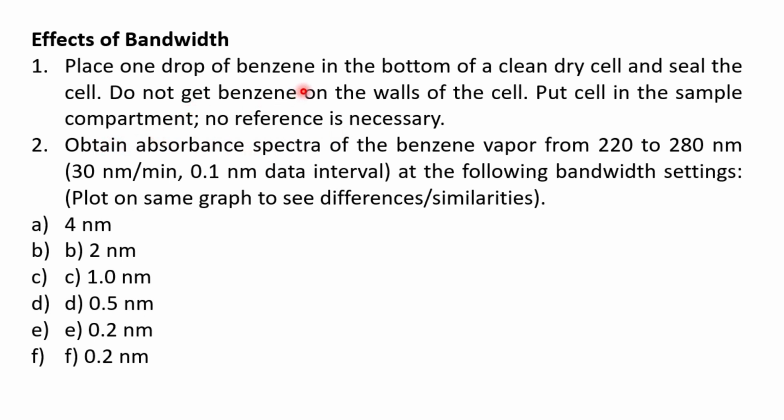Your sample cell can be filled with benzene, just one drop, and then you run the spectra with a wavelength range of 220 to 208 nanometers, and change the bandwidth from 4 to 2 to 1, 0.5, 0.2. Then you check the effects it has on the results, and you can plot a graph to see how different or similar they are.